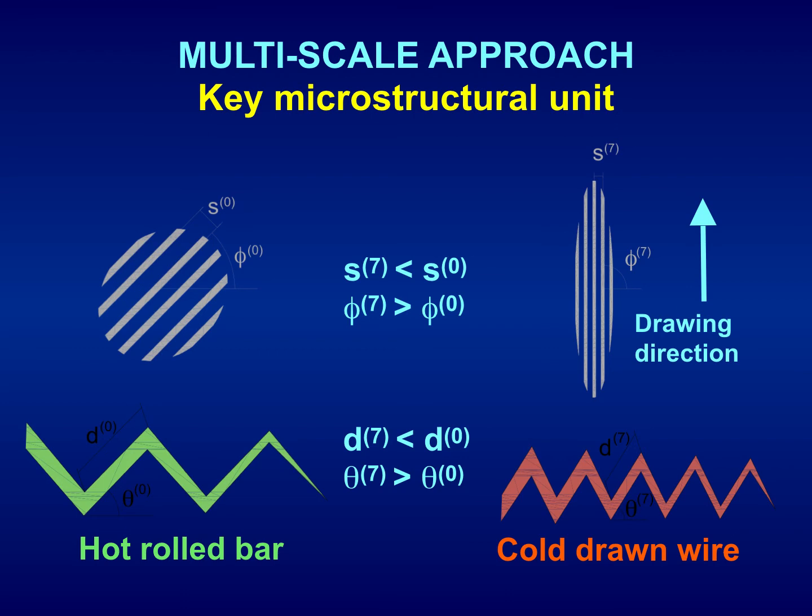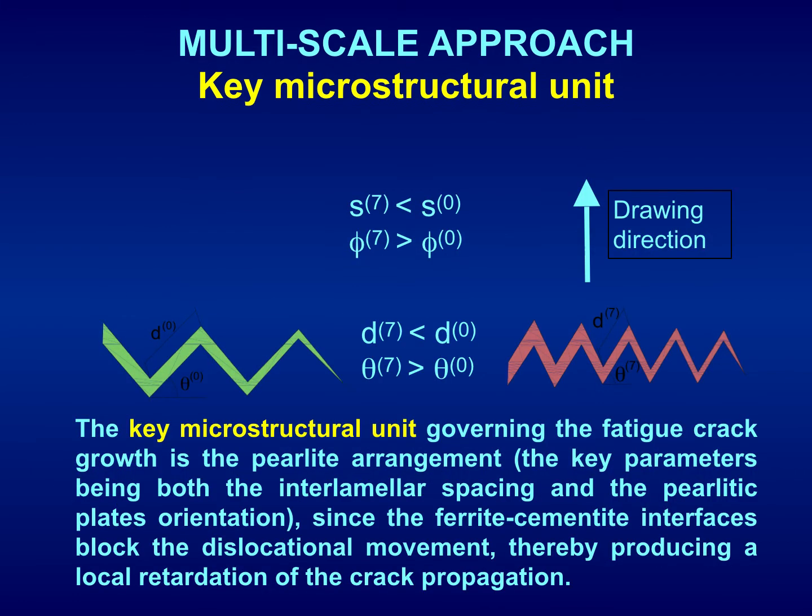As a consequence, in the microcrack path, hot roll bar, left-hand side, green color, and cold drawn wire, fully drawn material, orange red color, right-hand side, D7 is lower than D0, the length of the micro branches is lower in the fully drawn material, but the micro deflection angle is greater in that fully drawn material.